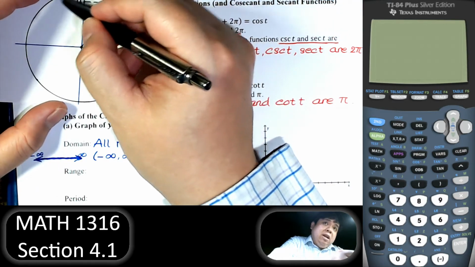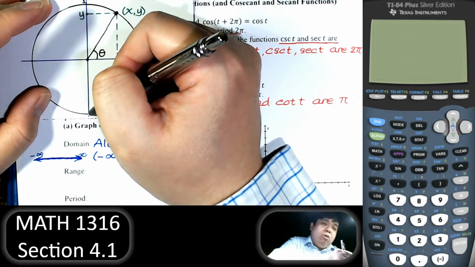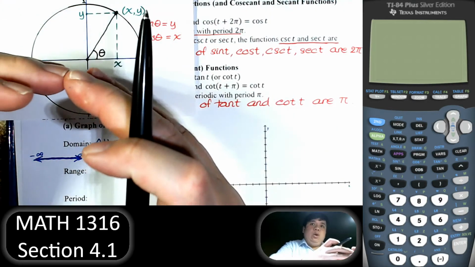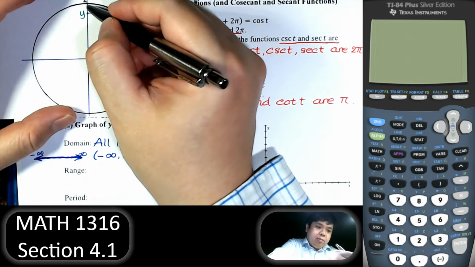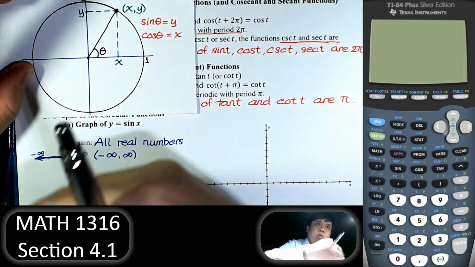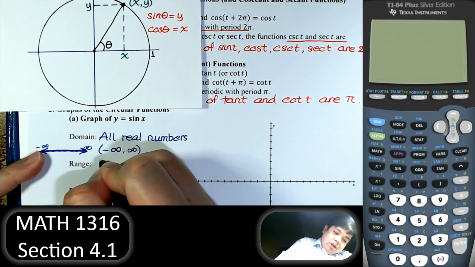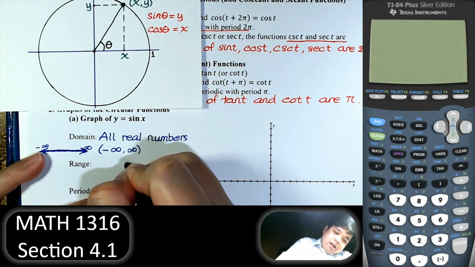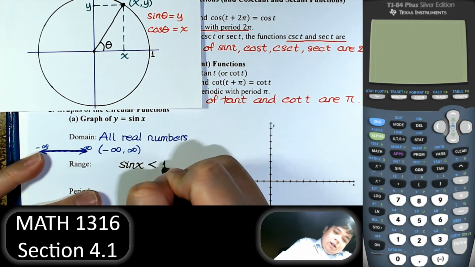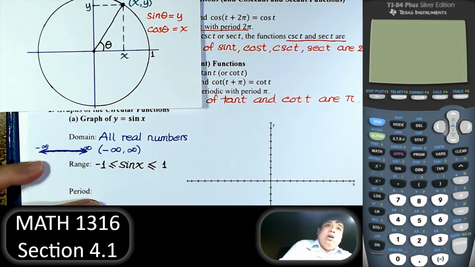The y values can be anywhere from -1 to 1, but it cannot be more than 1 because it has to be within the unit circle, right? When it goes around, it only changes from -1 to 1. So the range, we say sine of x has to be between 1 and -1.